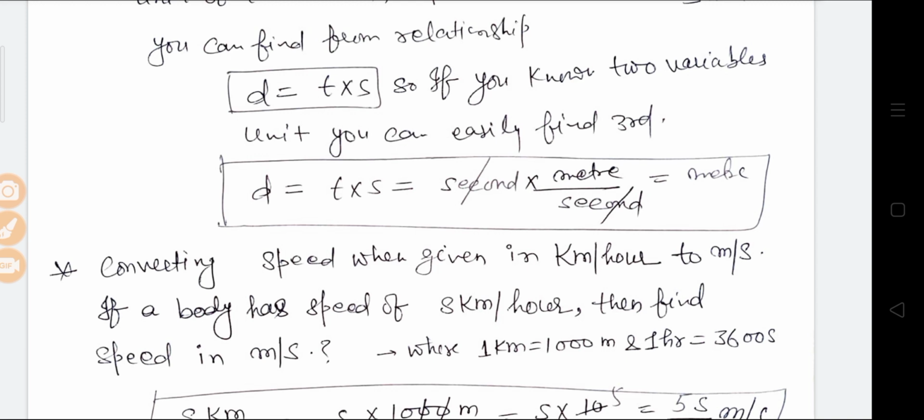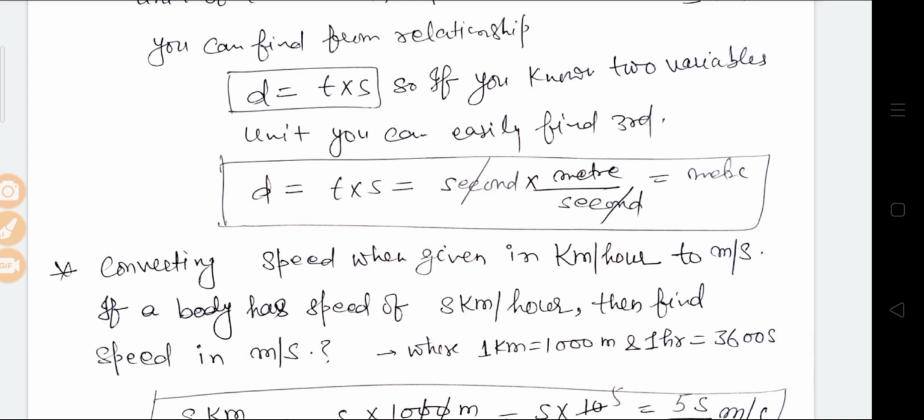Now how are we going to convert kilometer per hour to meter per second? Unit conversion is also necessary, because many times speed is given in kilometer per hour, or time is given in hours and distance in kilometers. So first you have to know the units: 1 kilometer equals 1000 meters and 1 hour equals 3600 seconds.